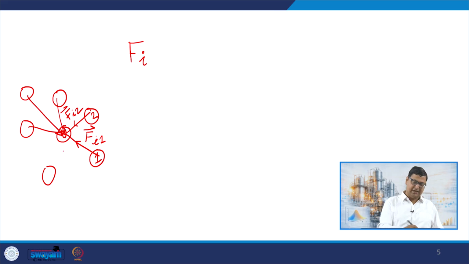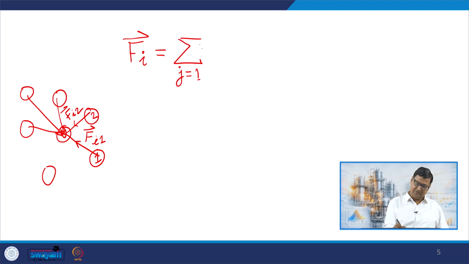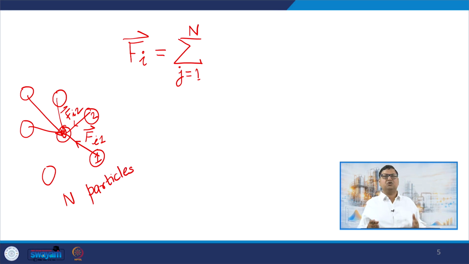And the force that is therefore acting on the particle i is now the sum over the interparticle forces for all the values of, let us say, j from 1 to n, if there are n particles in the system, and clearly the particle does not exert force on itself.